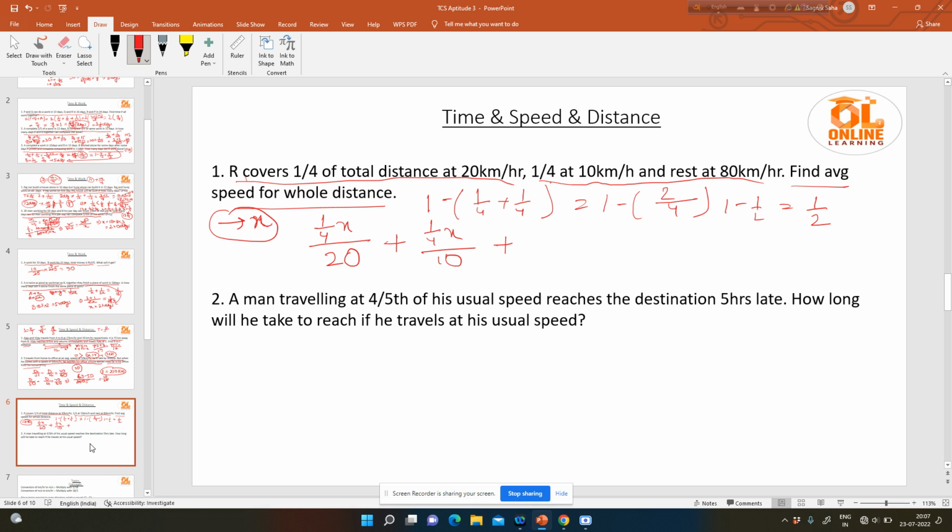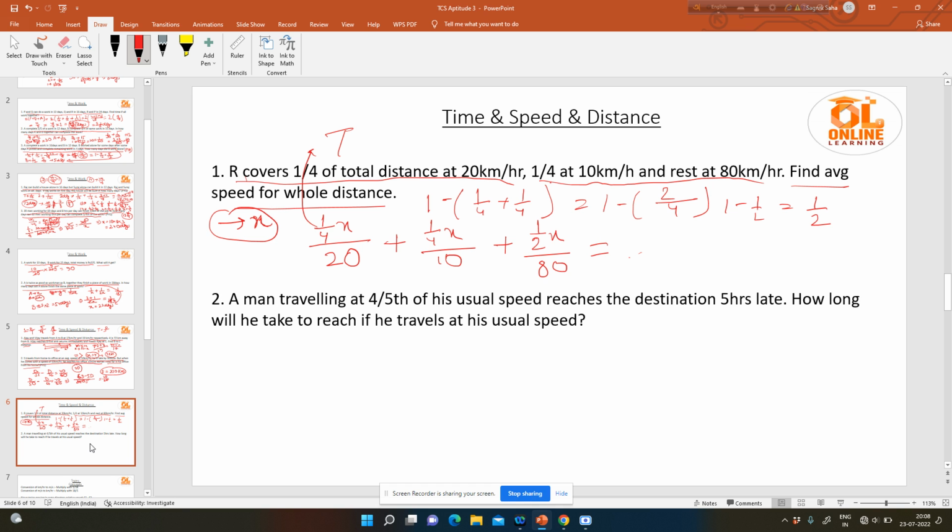Again 1 by 2 of the total distance is covered at 80 kilometer per hour. We are finding the total time. For finding the total time, we know time is equal to distance by speed, right? So 1 by 4x by 20.